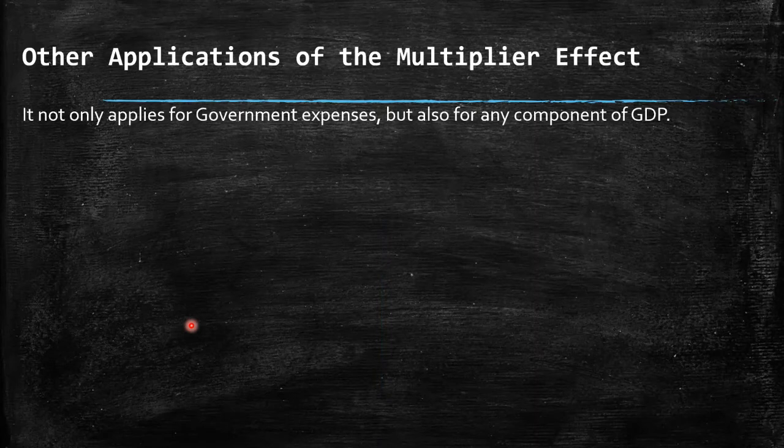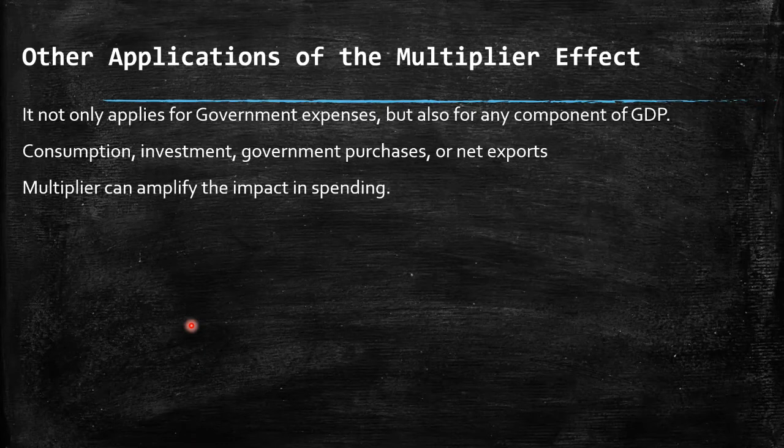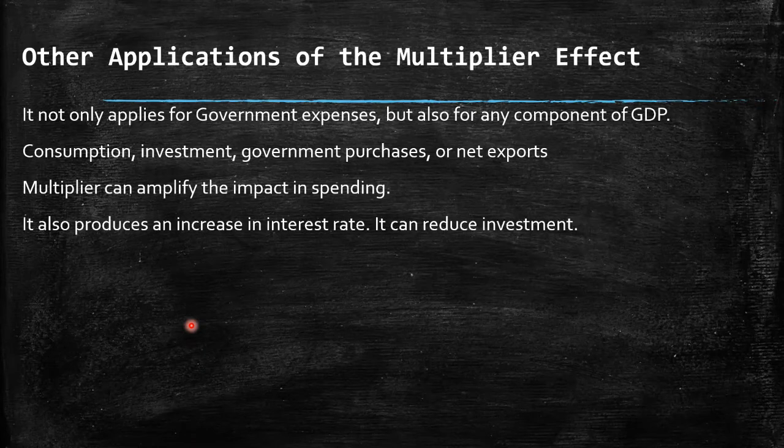And now what about other applications or other points of view of the multiplier effect? It not only applies to government expenses, but also to any component of GDP: consumption, investment, government purchases, or net exports. The multiplier can amplify the impact of spending.